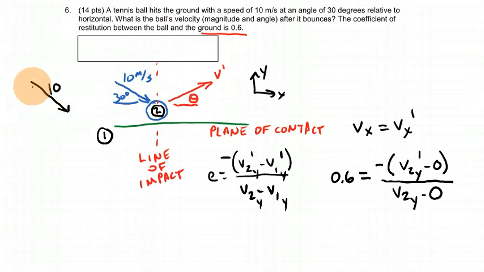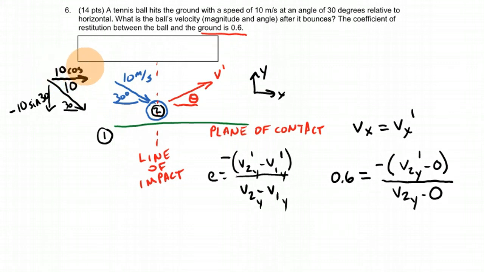This angle is 30, so 10 sine 30 in the negative direction is my y velocity. Let's drag that over to give us some room. So that's a negative, and then in the x direction it's 10 cosine 30. I'm just breaking our velocity into two components.